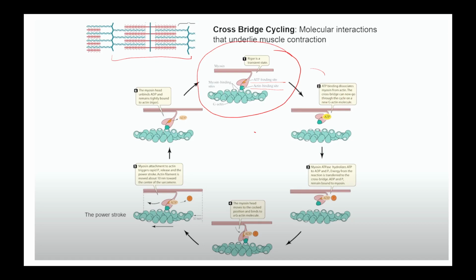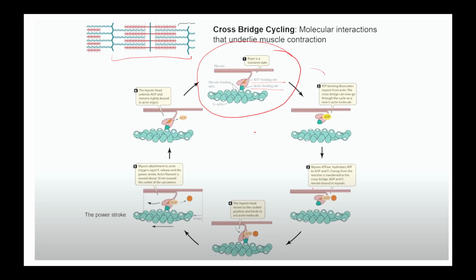So it dissociates from that particular actin, and then ATP hydrolysis takes place. Myosin ATPase hydrolyzes the ATP to ADP and an inorganic phosphate. Energy from the reaction is transferred to the cross bridge.